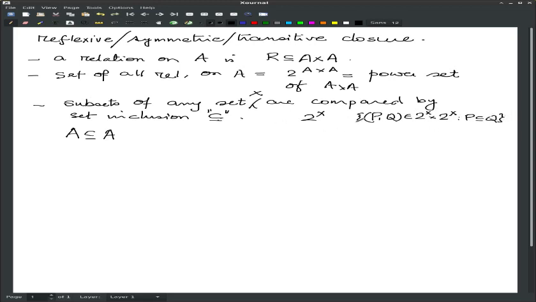So that is a relation, and this relation is, we know, reflexive, transitive, and antisymmetric.